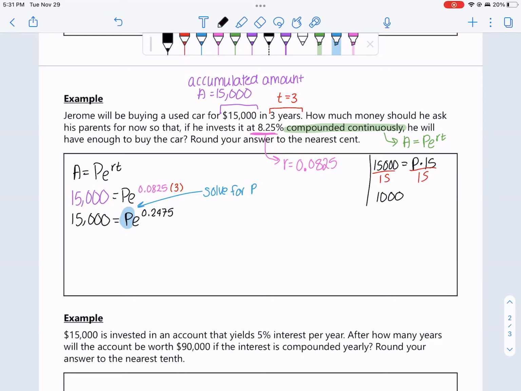I now have 1,000 equal to P. Good, I'm done. There would be no problem if you saw this as a number. But it is a number. It is simply a number. e raised to the whatever, you can plug it right into your calculator. It'll shoot out a number. So to get P by itself, I just need to divide both sides by this number, just like I would if this number were 15.